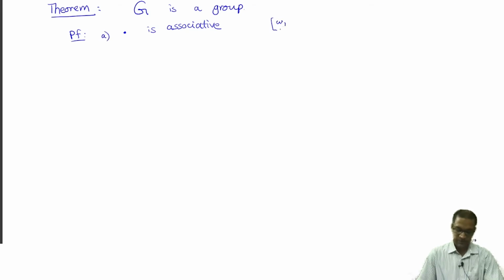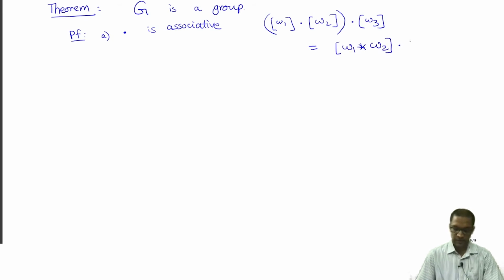Observe the definition said if I take W1 multiplied by W2, let's just write out the definition of associativity here. This by definition is the equivalence class of the concatenation W1 star W2, multiplied by the equivalence class of W3, which by definition again is the equivalence class of W1 star W2 star W3.